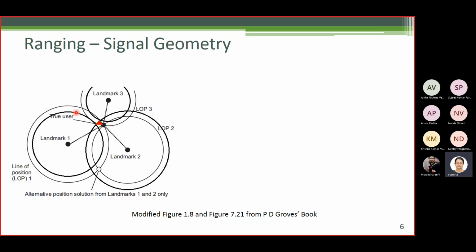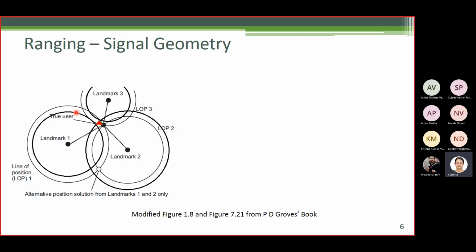Now, as we have more transmitters, there is a higher chance that we have more good quality measurements. So, although there is a minimum number of measurements, theoretically, to reduce error and improve accuracy, we want as many transmitters as possible. And we also want good quality measurements with low error or low noise.